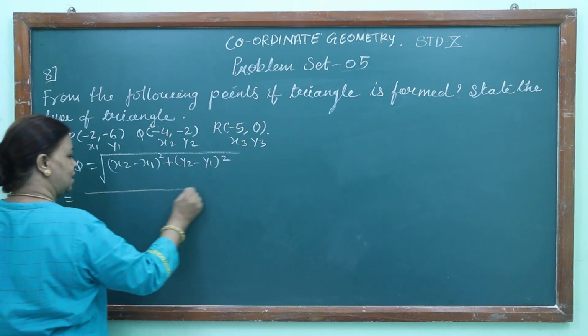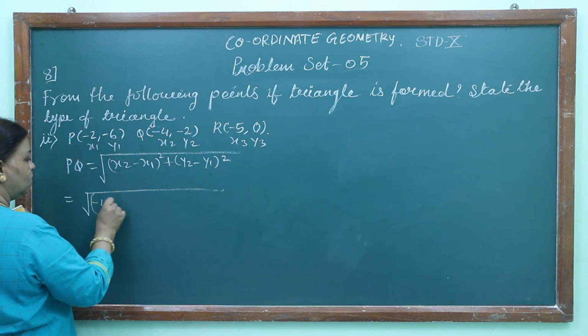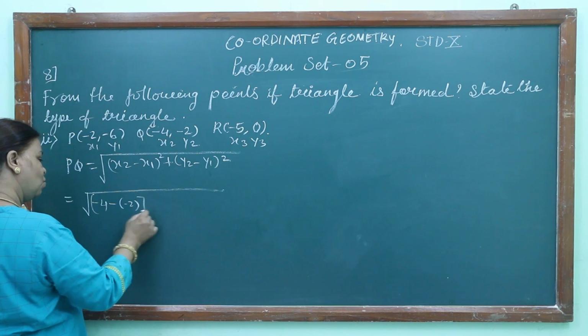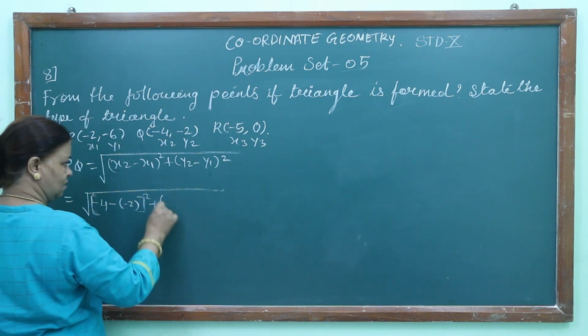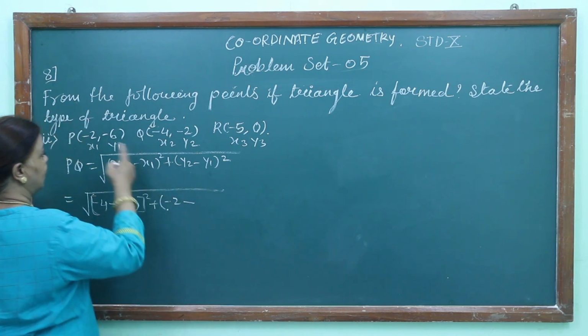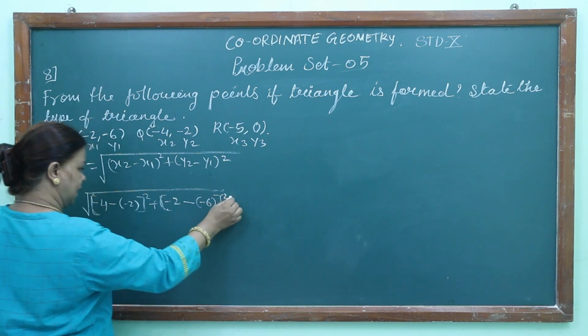Now what will I get after placing the values? x2 is minus 4 minus x1 which is minus 2, square bracket, children, plus y2 is minus 2 then minus, and then y1, that is minus 6, the whole square.